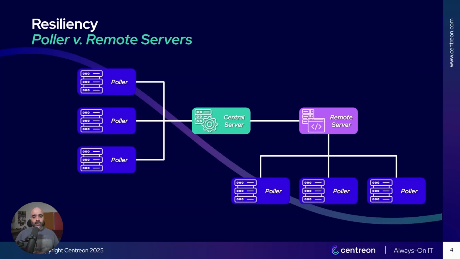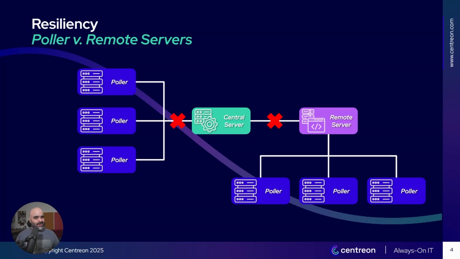And of course, there's another advantage of using this remote architecture: you gain resiliency. Why? Because if you lose the contact between any of the pollers or remote servers and the central server, those local pollers and remote servers will continue to do the monitoring of their devices and continue doing the checks. You're still going to have all the metrics for those cases.